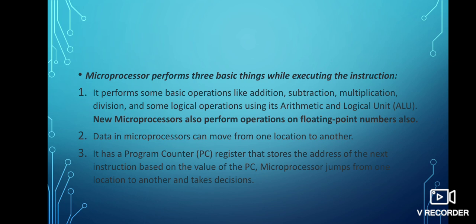Second, a microprocessor can move data from one location to another. It has a program counter, that is the PC register, that stores the address of the next instruction. Based on the value of the PC, the microprocessor jumps from one location to another and takes decisions.